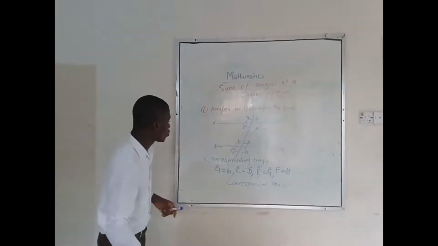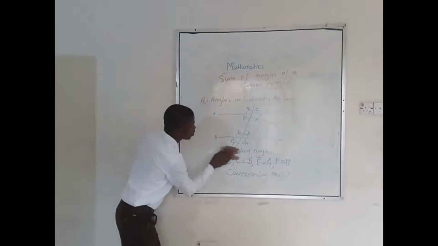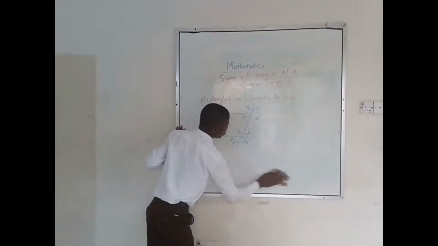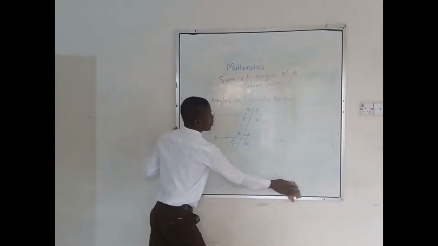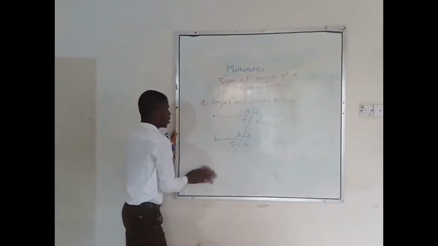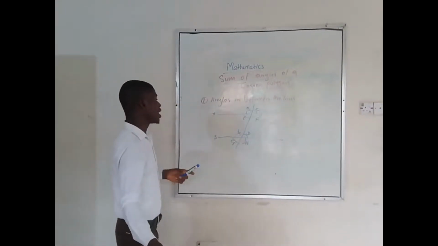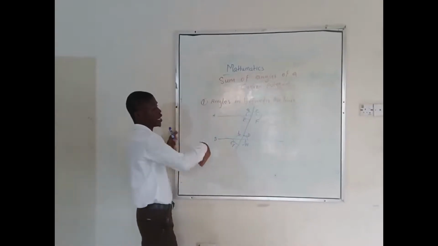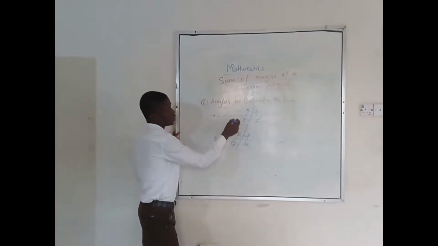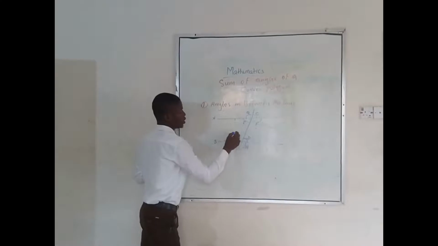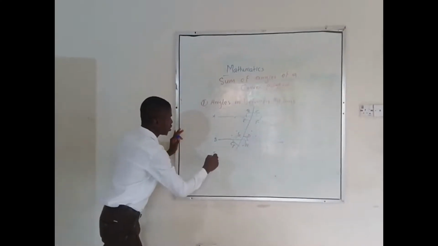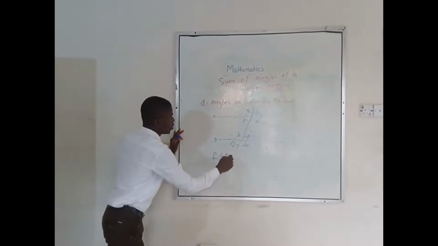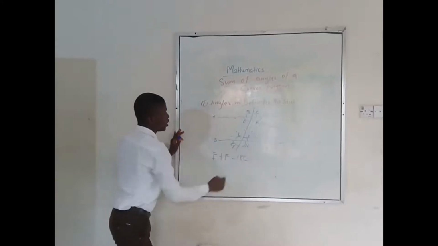Then the next one will be interior angles. Interior angles, or we will say the sum of the angles on a straight line is equal to 180. The interior means inside. If you check here, this one is inside, this one is inside. So E plus F equals 180.